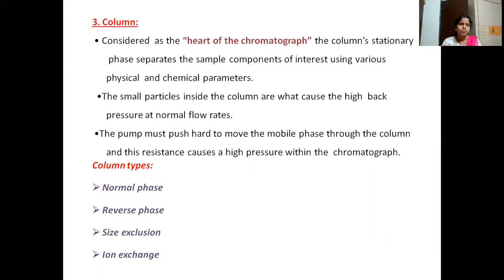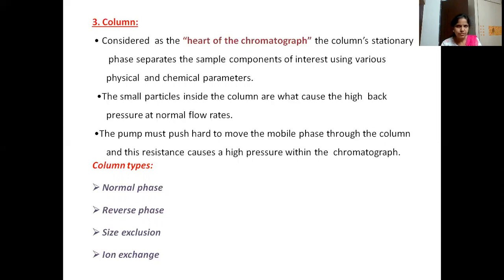In this column mode, we have 4 different types: normal phase, reverse phase, size exclusion, and ion exchange. These are the 4 different modes by which you can proceed through HPLC.